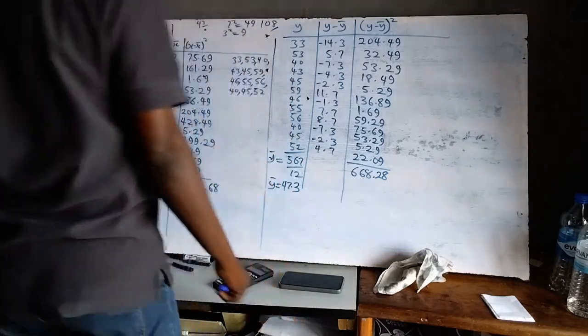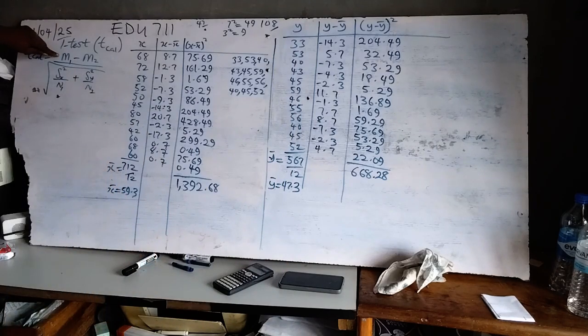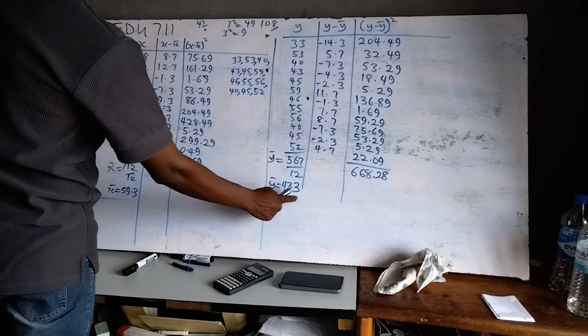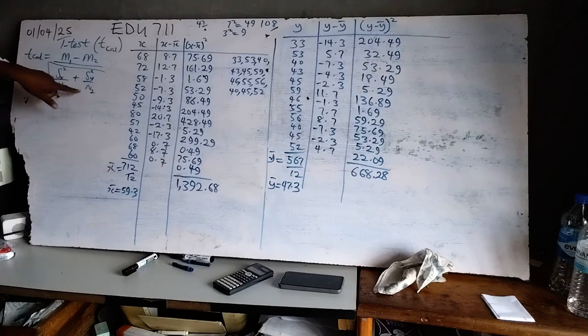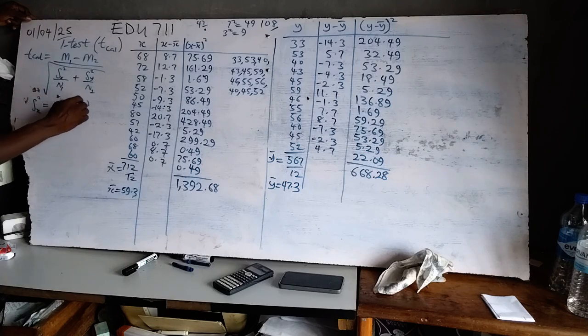So now let's go back to the formula for T cap. Now we have our M1, which is 5.3. We have our M2, which is 47.3. We have our N1 and N2, which is 12 respectively. And now the S squared of x is what we need to get. From the sample variance formula, S squared of x will be equal to the summation of x minus x bar squared all over N. N is 12.